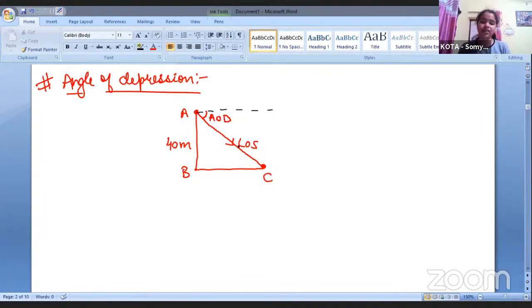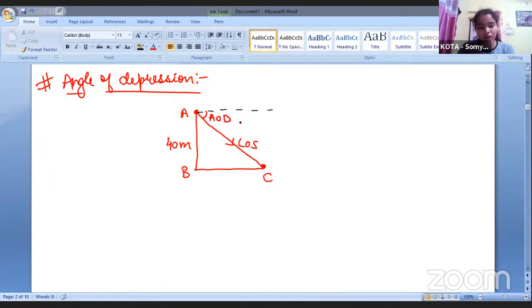This right angle triangle, we'll be dealing with it everywhere. So in this triangle, angle of elevation will lie inside it, and angle of depression will lie outside the triangle, because there is no other option. The horizontal line will be outside the triangle. You have to remember this thing: this one will be outside and that one will always remain inside.